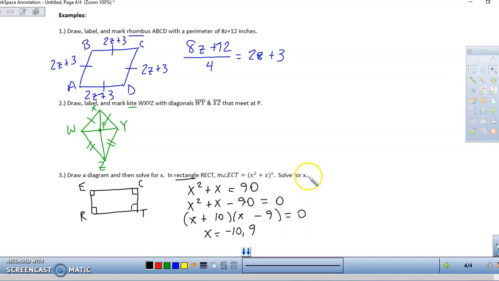Okay, it says solve for x. The one thing you do want to double check is to make sure that they both will equal positive 90. Here we get 100 minus 10, that works. And then 81 plus 9, that also works. So these would be my two x values. Okay, we'll see you next time.